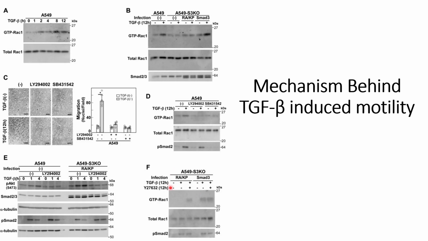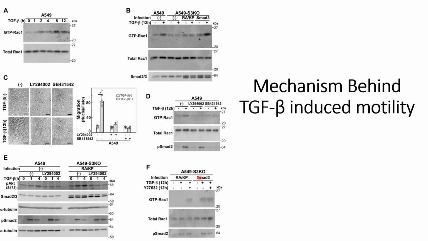So this indicates that in the mutated SMAD3 infected cell lines, GTP-RAC1 inactivation gets triggered, but when ROCK inhibitors are used in these mutated SMAD3 A549 infected cell lines, they are able to see activation of GTP-RAC1.